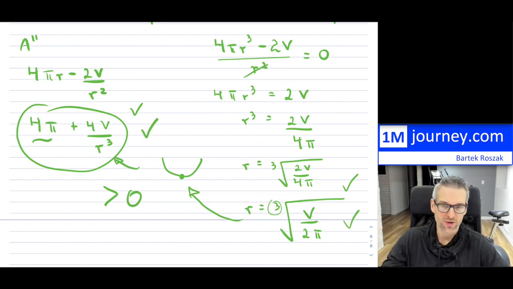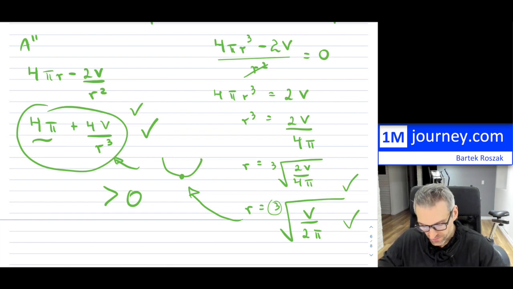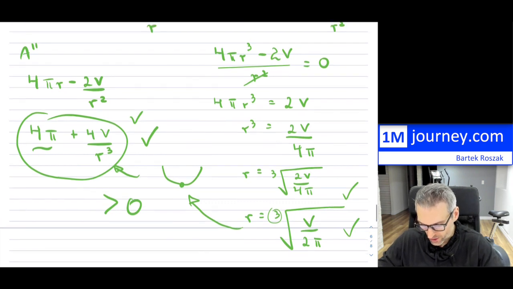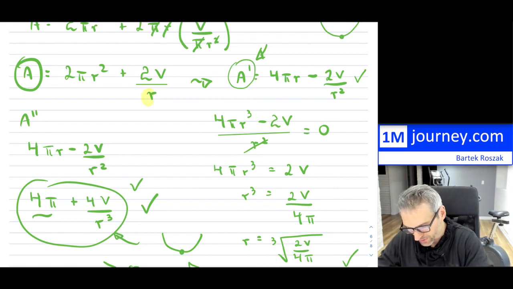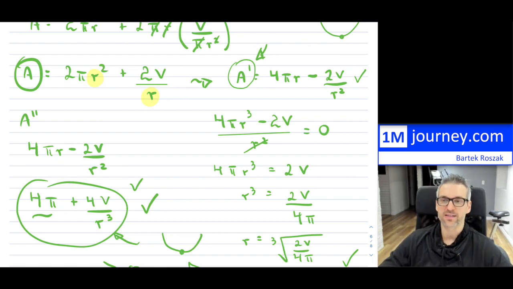There's no other ones, so that must be the absolute minimum that we have. Again, the extremes, so r at 0 is not going to work for us at all because volume is not 0. Now with this, if you want to know what that area is, you can substitute it back into here. It would be a little painful because you would have to substitute it right in there and then find out exactly what the minimum area would be.